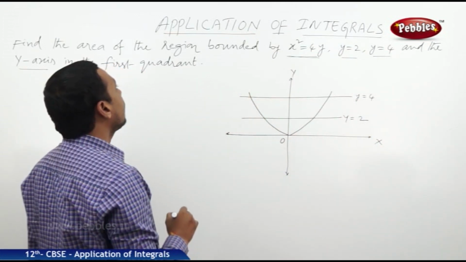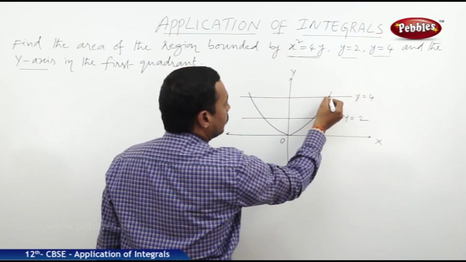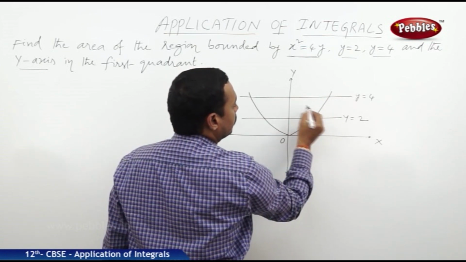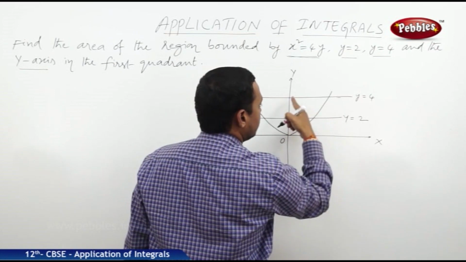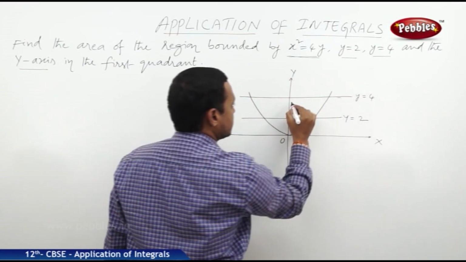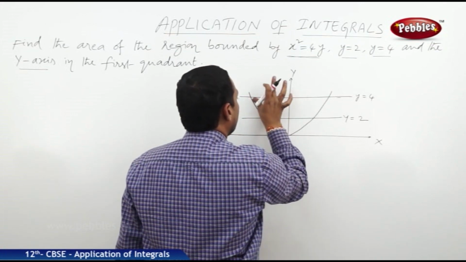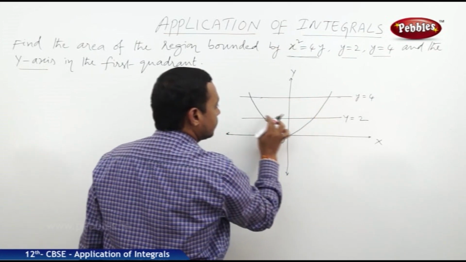Now what is the region bounded by the given curves? x square is equal to 4y is the curve, within the limits y is equal to 2, y is equal to 4 and the y axis. That means the region bounded by the curves is this part.